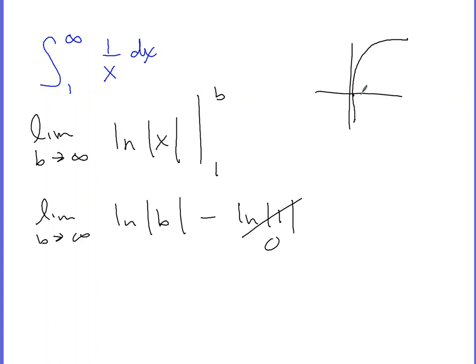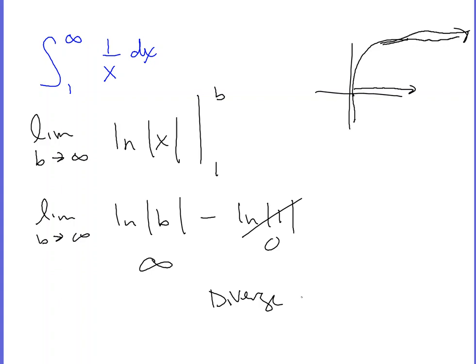If you go look on the graph, as we go to the right, it's slow, it's gradual, but it's increasing, okay? So ln of infinity is just infinity. This means that my answer is diverge. If I take infinity and I subtract 0, I still have infinity.